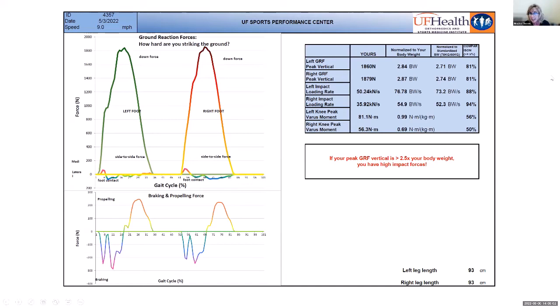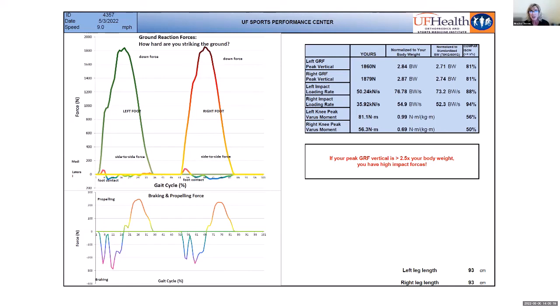Now, how we get to that peak force is very important to me, because this impact loading rate is one of our risk factors that we know now for different types of injuries, including stress fracture, back pain, medial stress reactions, fibular stress reactions, and so on, metatarsal. So what I look at is how the shape of these ground reaction force curves appear on this paper.